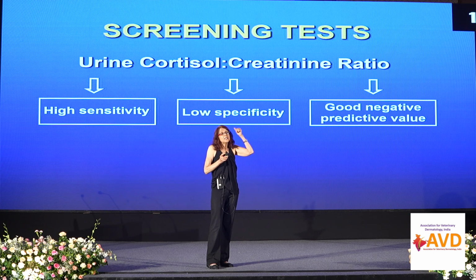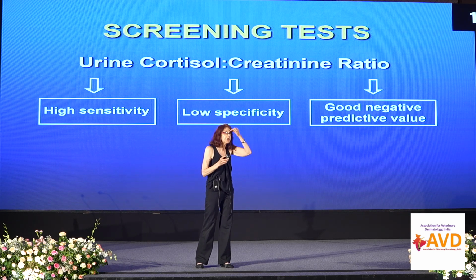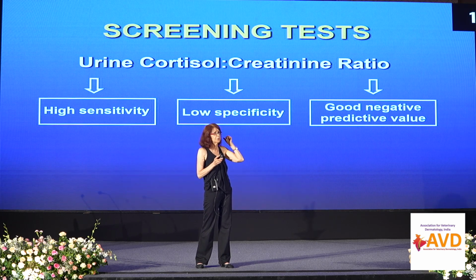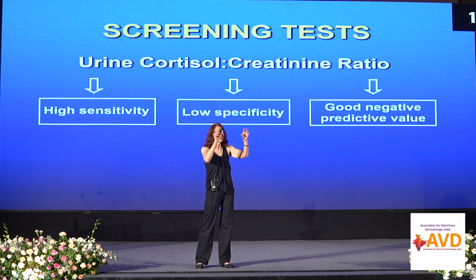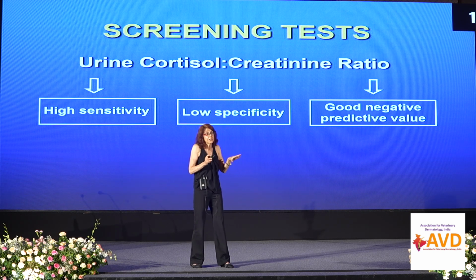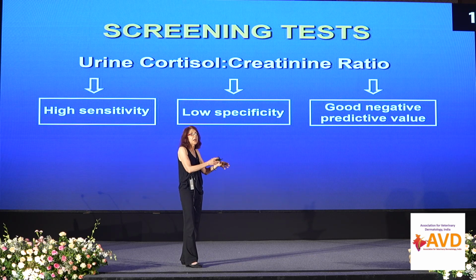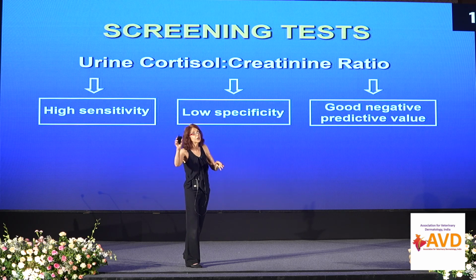But the problem is, if everything is saying I have Cushing's disease, don't spend the client's money on this test, okay? Because it's not specific. A lot of other systemic illnesses will have a high cortisol creatinine ratio. Very, very sensitive. Yes, Cushing's will be positive. But if it's positive, you have to do other tests, okay?